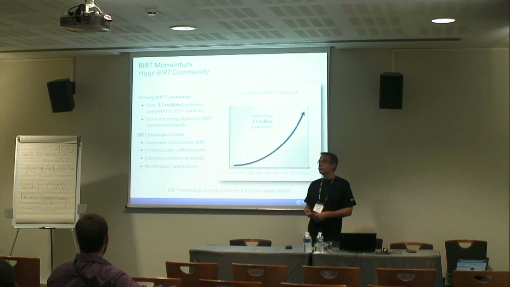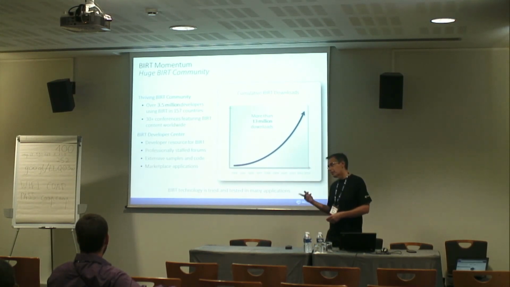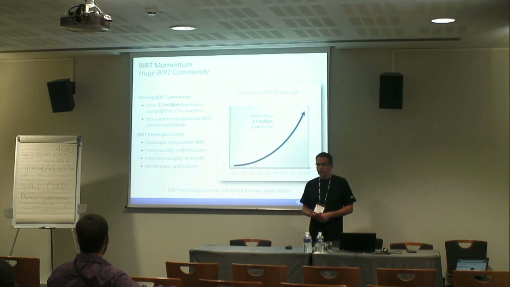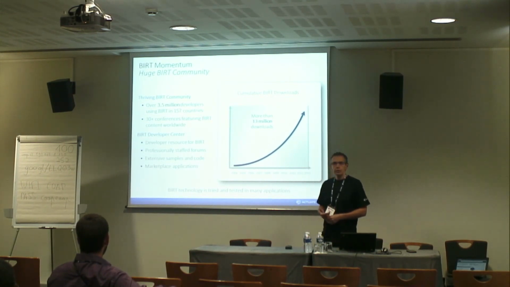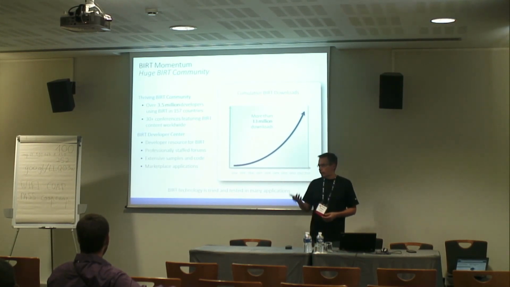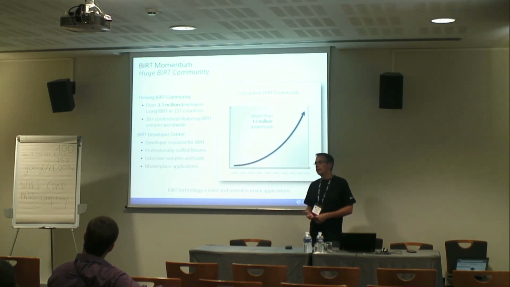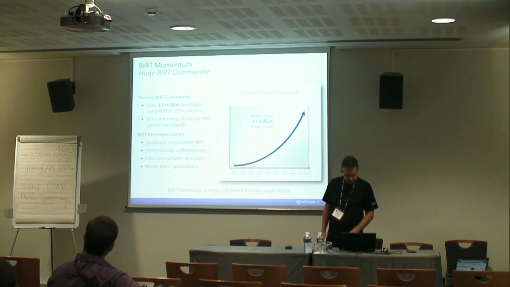I'm surprised I didn't put it on this slide, but it's called developer.actuate.com, and this is where the BIRT community goes to find information: documentation, forums, DevShare, so you can share tips and tricks and code, the marketplace, and you can also download the latest versions of the product. So it's a very active community.